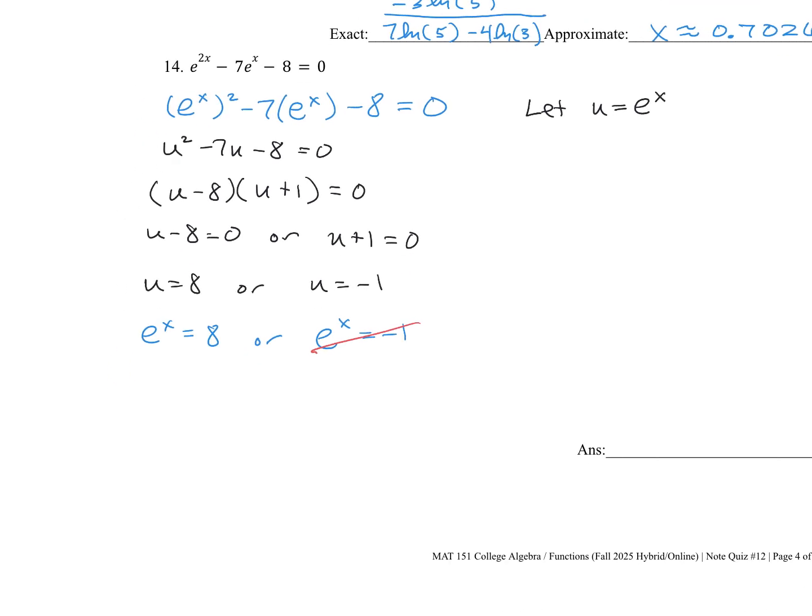On the other hand, I can solve for x on the left side. That's just me doing the inverse again, and the inverse of the exponential function is the log. I might as well use log base e since it's an e problem. So I'm going to take the natural log of both sides.